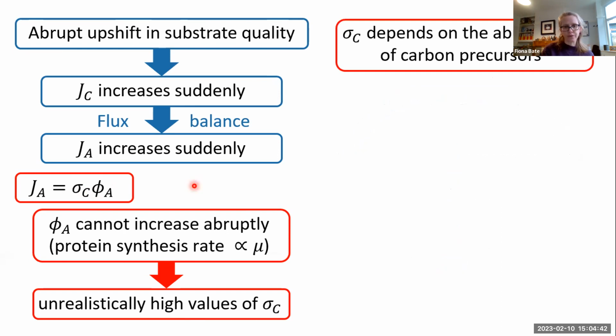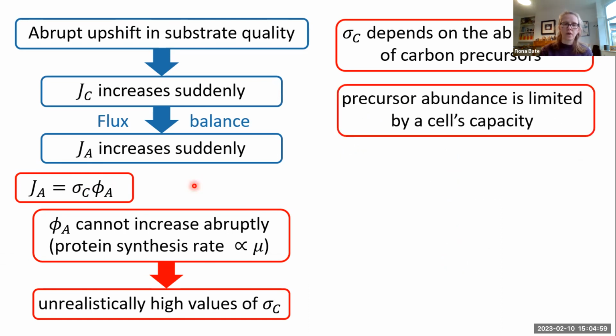So how are we going to deal with this? We have noted that sigma C depends on how many carbon precursors you have in the model. So how fast you can make amino acids will depend on how many precursors you've got. How many precursors you've got is going to be limited by the cell's capacity.